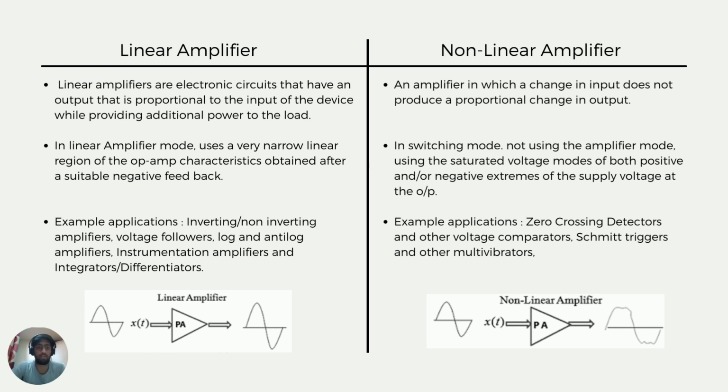Examples of amplification are used in inverting and non-inverting amplifiers, voltage followers, anti-log amplifiers, and so on. Zero crossing detectors, Schmitt triggers and multivibrators. A nonlinear amplifier is also used in AC bridge circuits and finds many applications in other devices also.